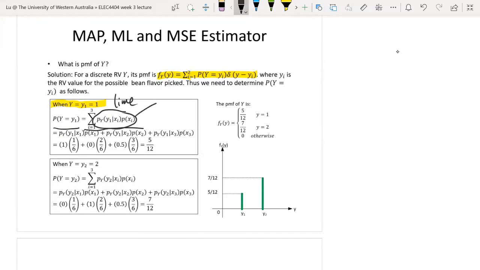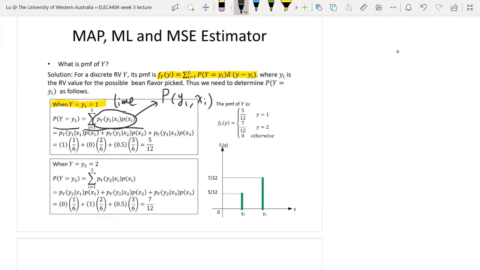In other words, this is actually evaluating the joint probability of Y1 and Xi. For this question, it means what is the probability you pick up one pack and also pick up the lime flavor bean from it? Okay, the joint probability.